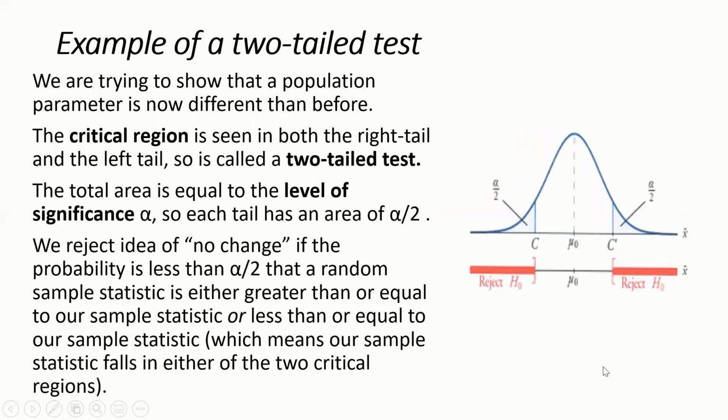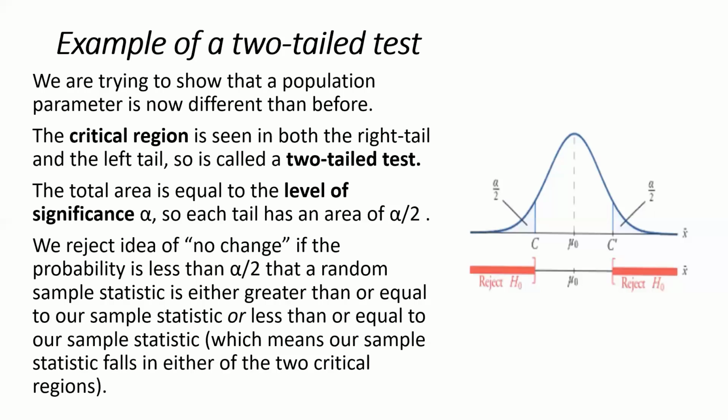A two-tailed test is when we're trying to show a population parameter is now different than before. So the critical region is on both sides, both the right tail and the left tail. So it's called a two-tailed test. The total area, again, is equal to the level of significance alpha. So each side needs to have an area of alpha over 2.